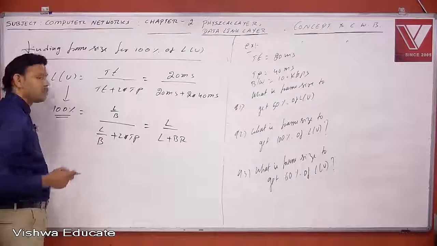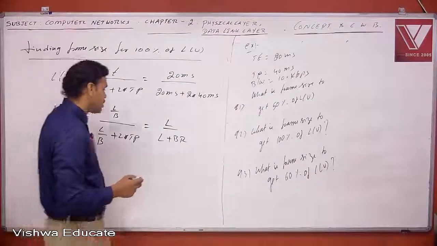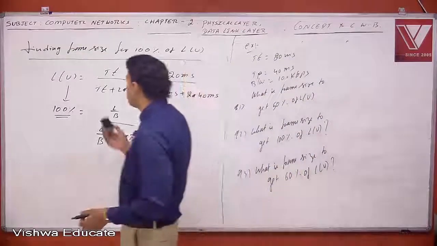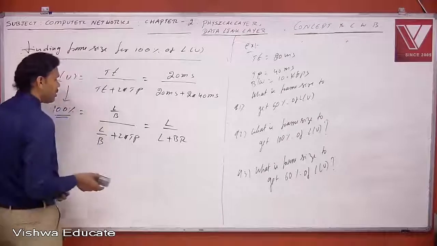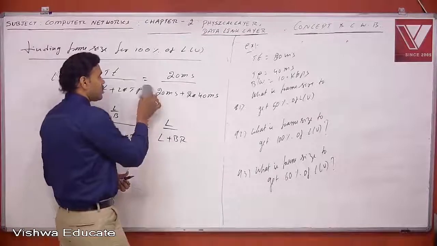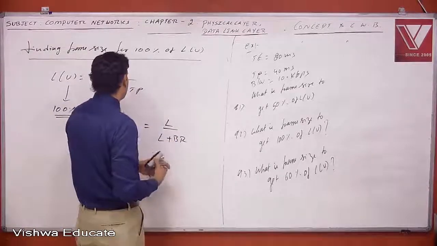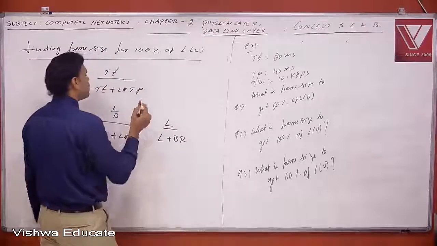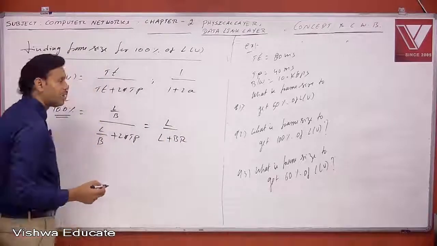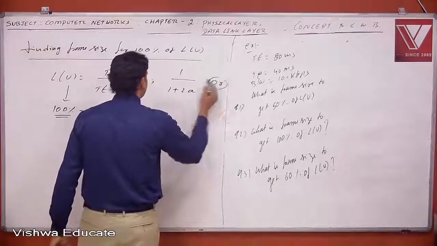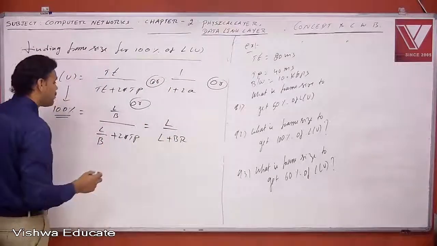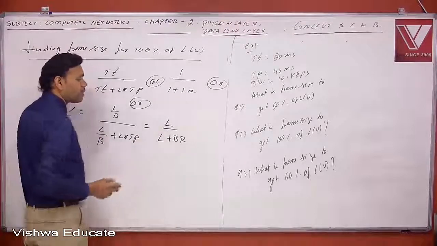We would like to know this equation. What is that equation? Either you can write L by L plus B Tp, or you can write Tt by Tt plus 2 into Tp, or you can write 1 by 1 plus 2a. Anything you can write. So here I can write the equation for link utilization to get 100%, or I can write the 1 by 1 plus 2a equation, or I can write L by B over L by B plus 2 into Tp, which is nothing but L by L plus B Tp.